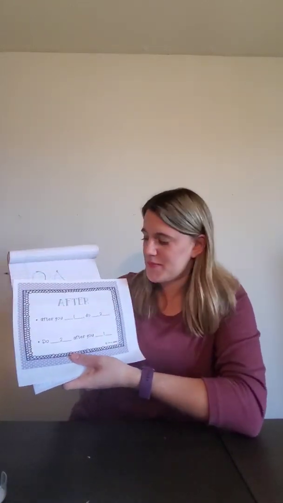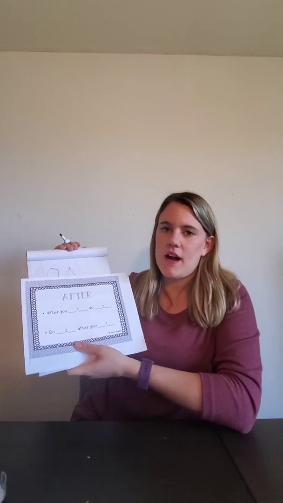Let's look at after. And after is just the opposite of before. And just like before, one of the ways we look at it is in sequential order, and then one is reversed. So for the first one, it says after you do one, do two. And this one is pretty straightforward.